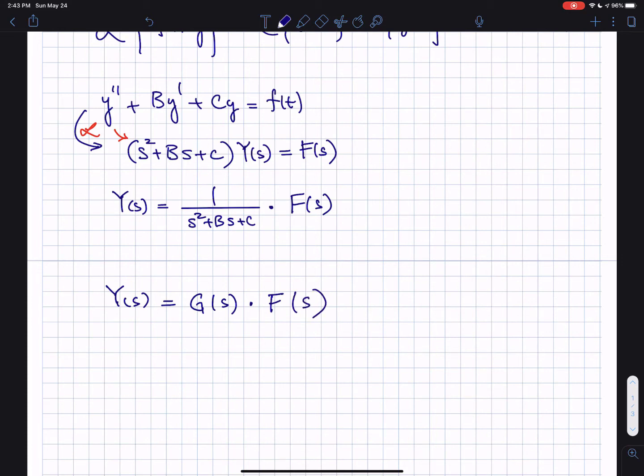Now, speaking in the language of electrical engineering, G of s is usually known as a transfer function, F of s is the input, and Y of s is the output.